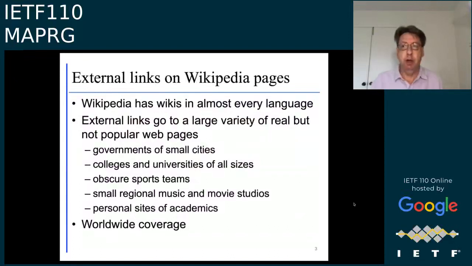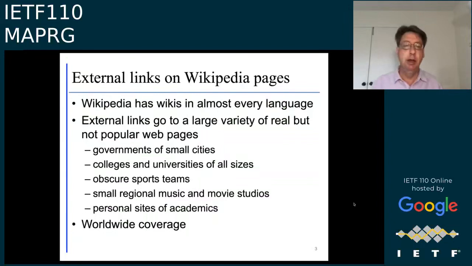So what I all of a sudden realized is that Wikipedia has links to a bazillion small websites. If you're reading the Wikipedia page, you will see things like personal websites of academics and lists of all of the elementary schools in a particular town in a country you've never visited.